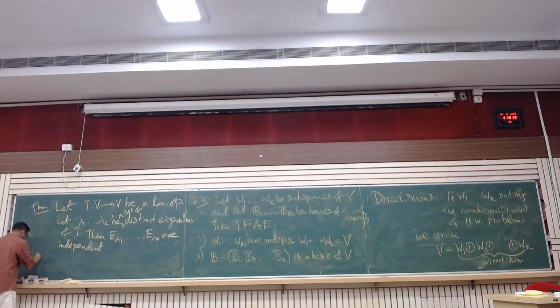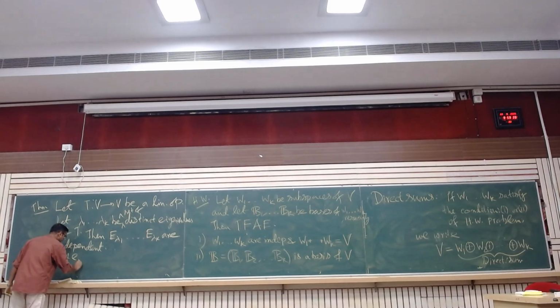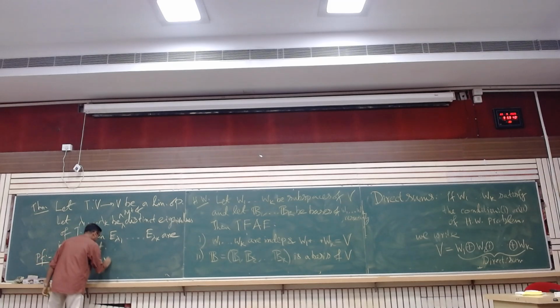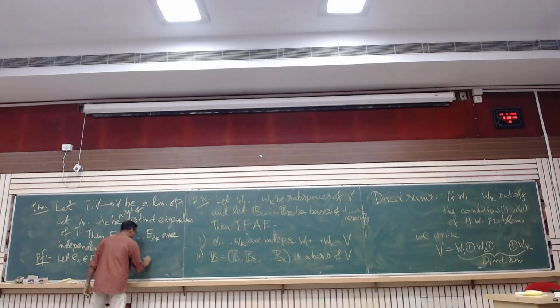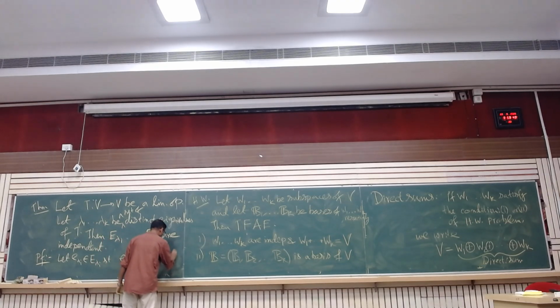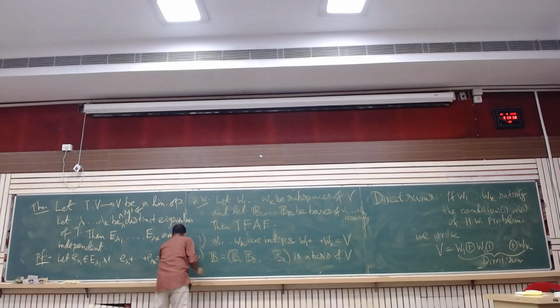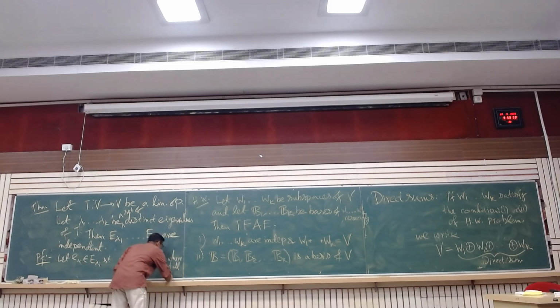The proof is rather simple. Let E lambda i be elements in E lambda i such that you have a relation like E lambda 1 plus dot dot dot plus E lambda k equal to 0, where not all E lambda i are 0.